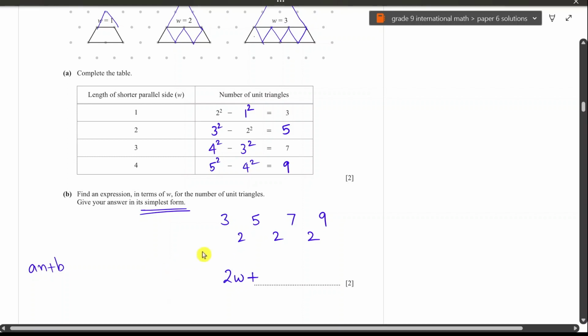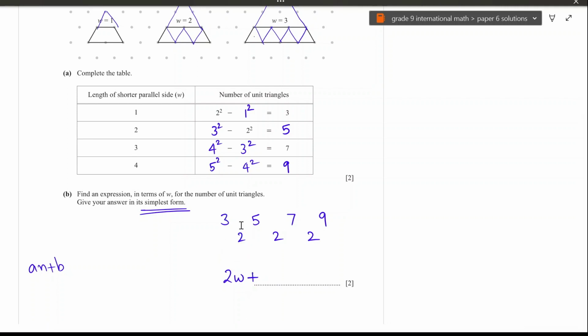Now how do I know that plus something? You can just see that if I put w equal to 1, which is my first term, 2 into 1 gives me 2. I want 3, so I'll just do plus 1. You could also use the formula for Tn, that is a plus n minus 1 d, and use a as the first term.